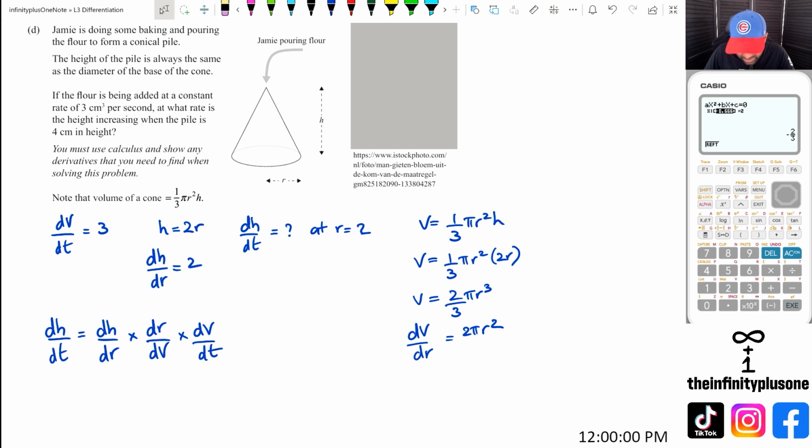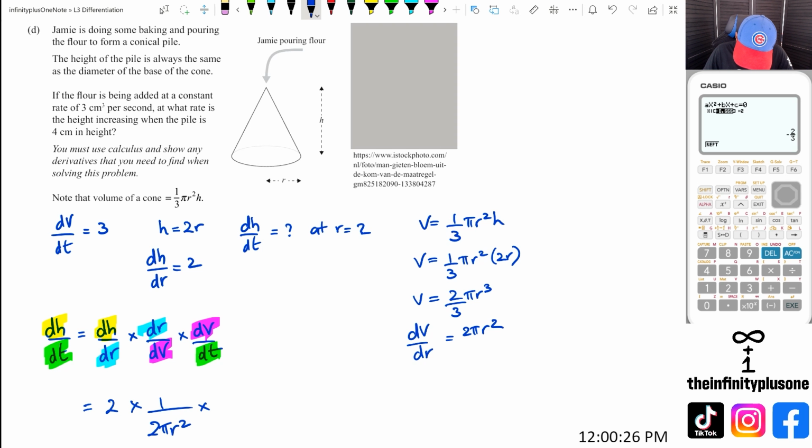The dV is going to disappear, because basically what I've got is dh there, and then the dt is here. The dr and the dr will disappear, and the dV and dV is going to disappear. So dh/dr is 2 multiplied by 1/(2 pi r squared) multiplied by dV/dt, which was 3.